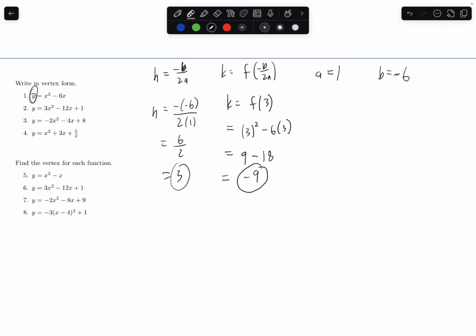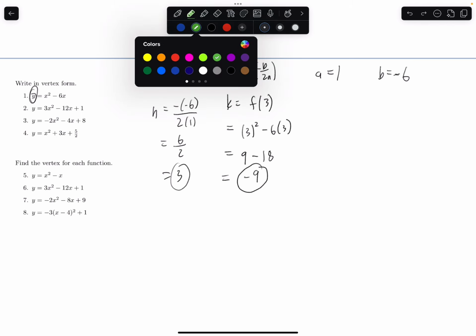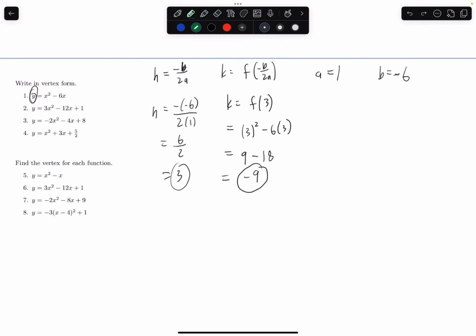Now to write everything in vertex form. So what is vertex form? Let's try a different color, a little darker. y is equal to a times x minus h squared plus k, right? What is my a? a is just 1, so I don't even need to write it, but let's write it so I don't confuse anybody.